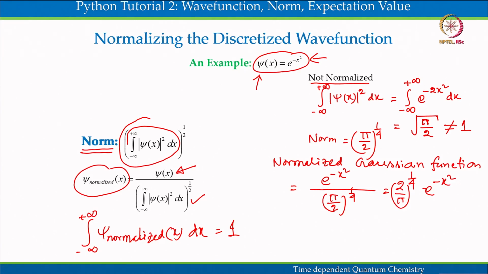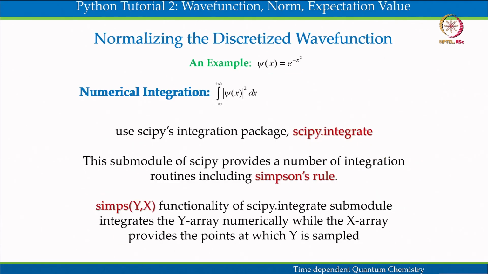And our task in this tutorial is that we normalize the discretized wave function. This wave function has been discretized already. We have seen how to discretize this wave function. We will use that discretized wave function and we will numerically normalize it. In order to do this normalization, clearly we have to do numerical integration, because this integration has to be now performed numerically.